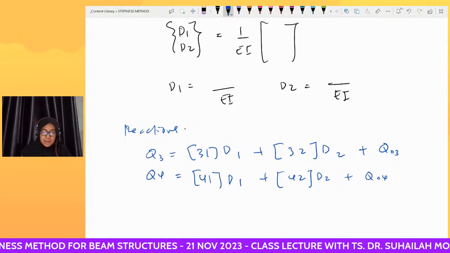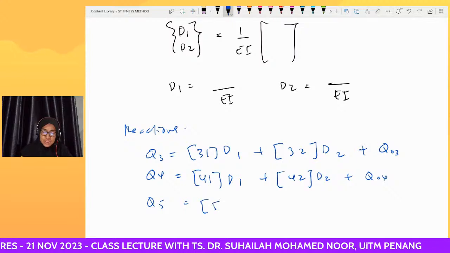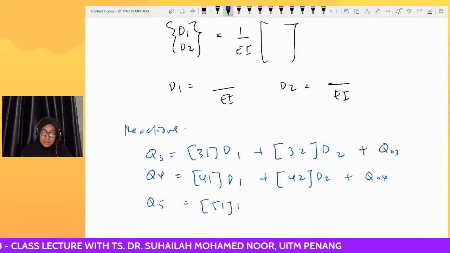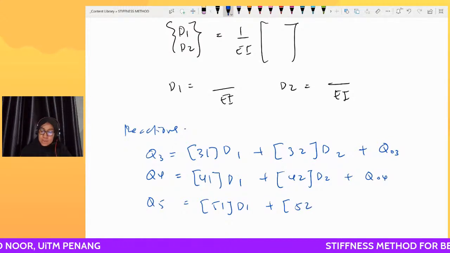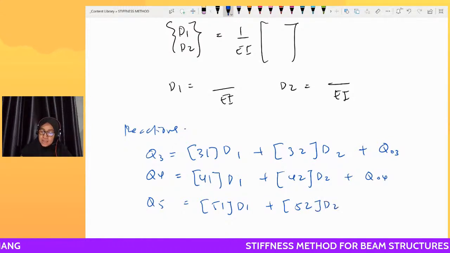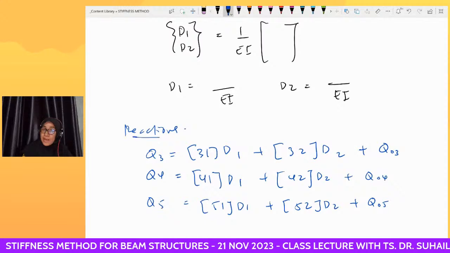And Q5, just continue. Value at position 51 times D1 plus value at position 52 times D2, plus Q naught at position 5. This is for reaction.